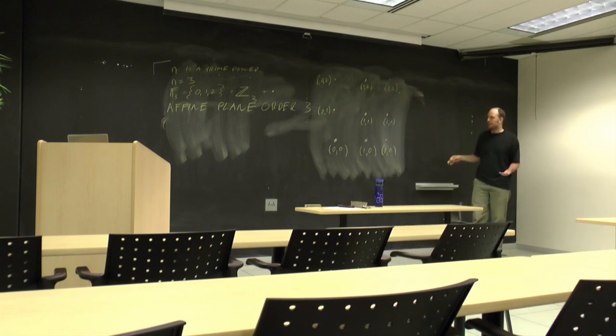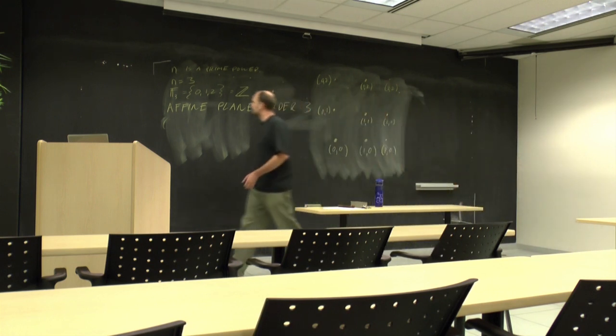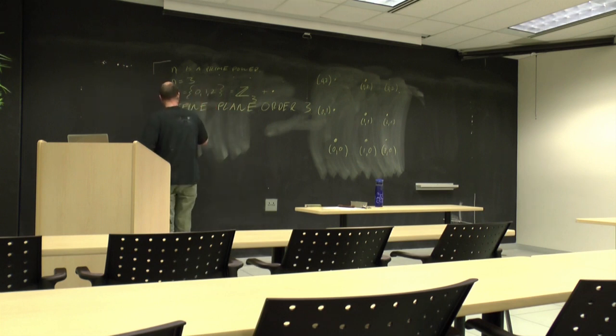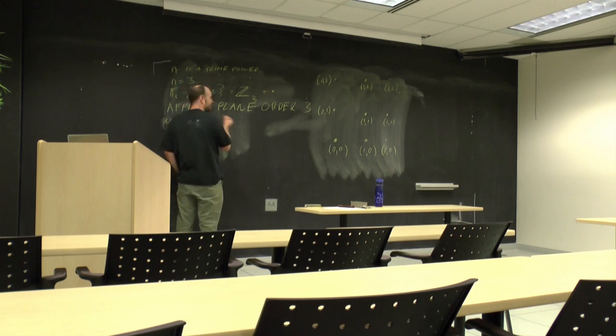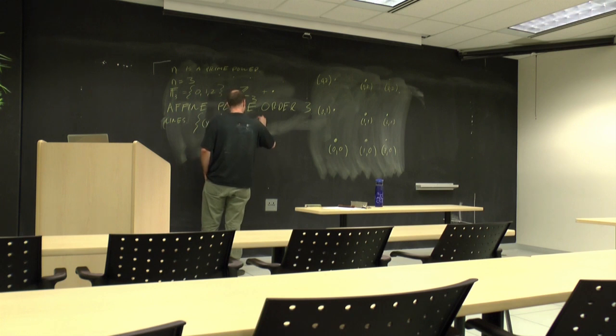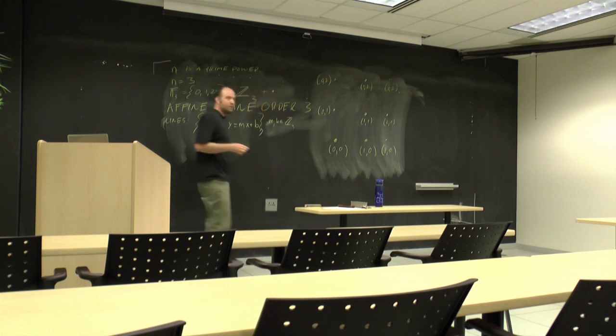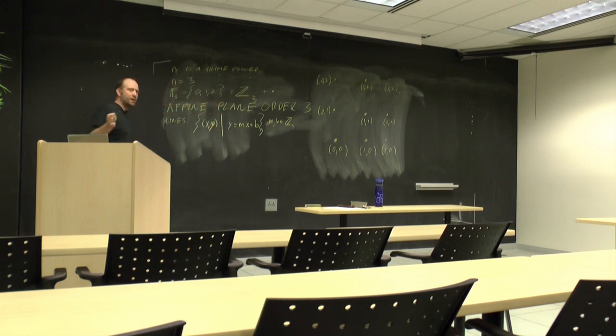Well, it's just the Cartesian product of Z mod 3 with itself. And there are lines, which are sets of points x, y, where y is equal to mx plus b for some choice of m and b in Z mod 3. You can literally think of those as slopes and y-intercepts if you want to.